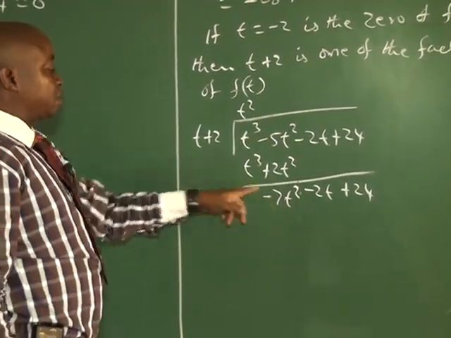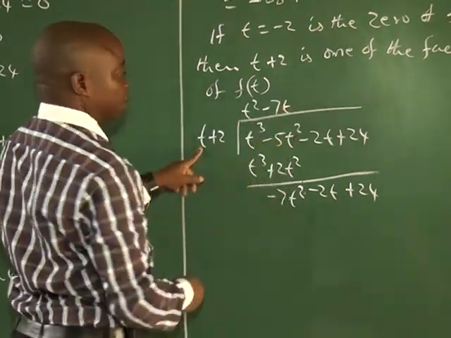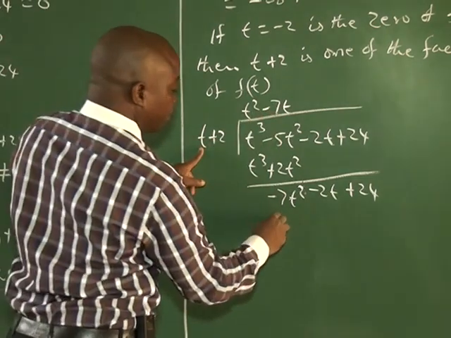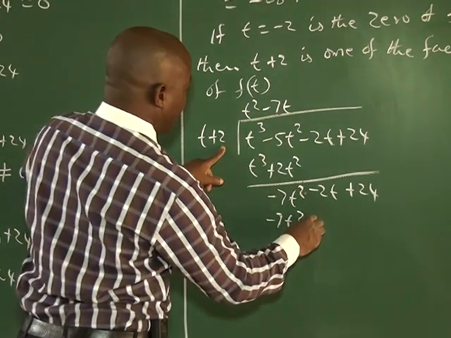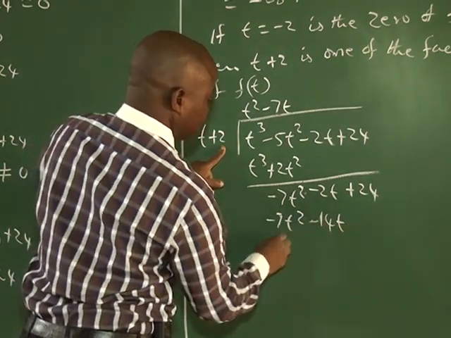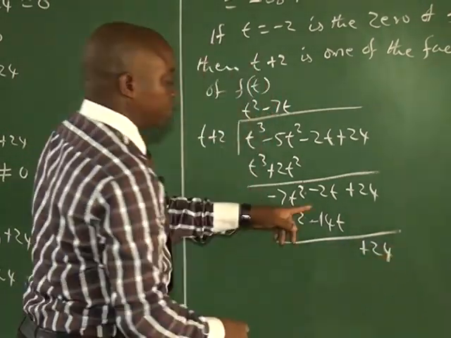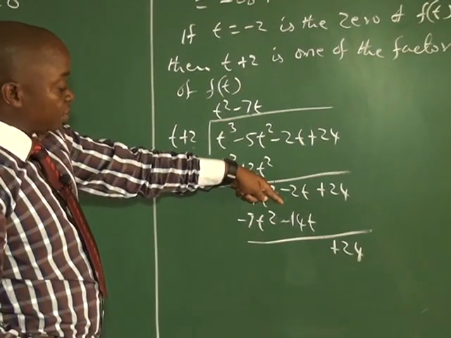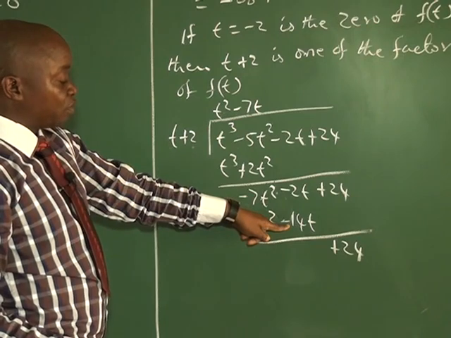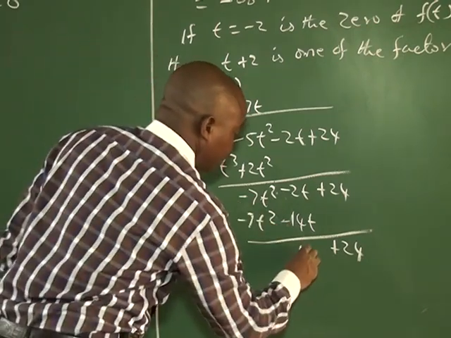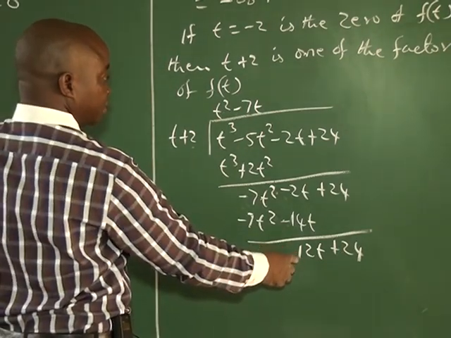Alright. So minus 7t square divided by t will give us minus 7t. Minus 7t times t will give us minus 7t square. Minus 7t times 2 will give us minus 14t. And then subtract to have 24. Now see, minus 2 minus will make here plus. So what we have here is 12t.